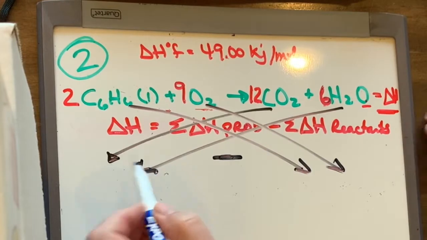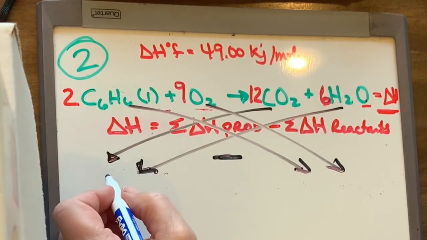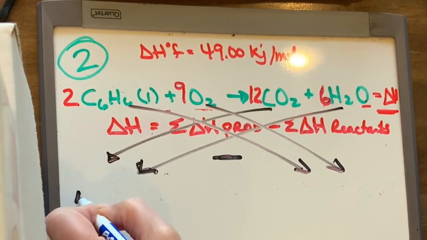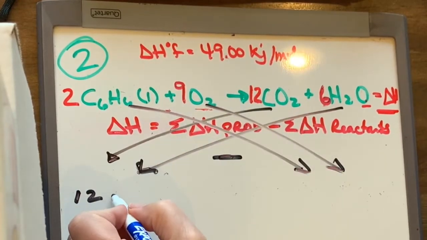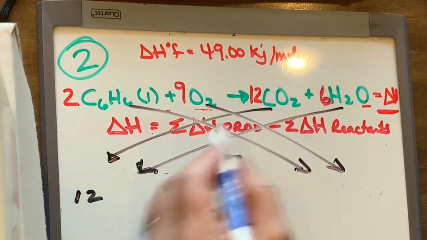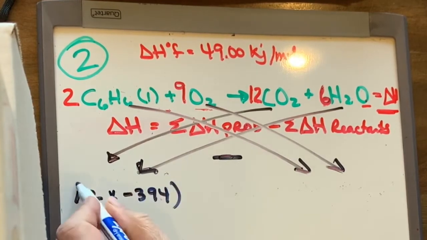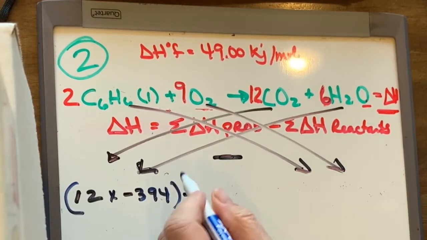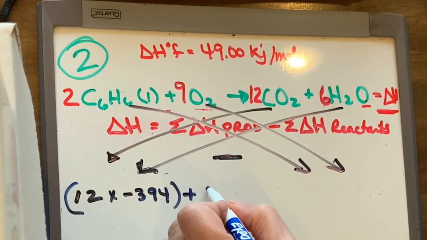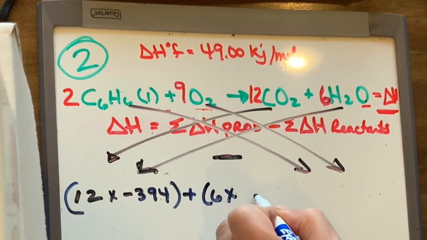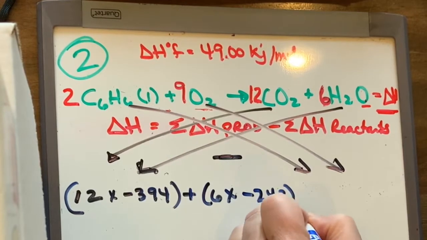Okay? So we have 12, we'll start off with this guy, 12 CO2. When you look that up, you get minus 394. We're adding that with the 6 of the H2O, and that's minus 242.